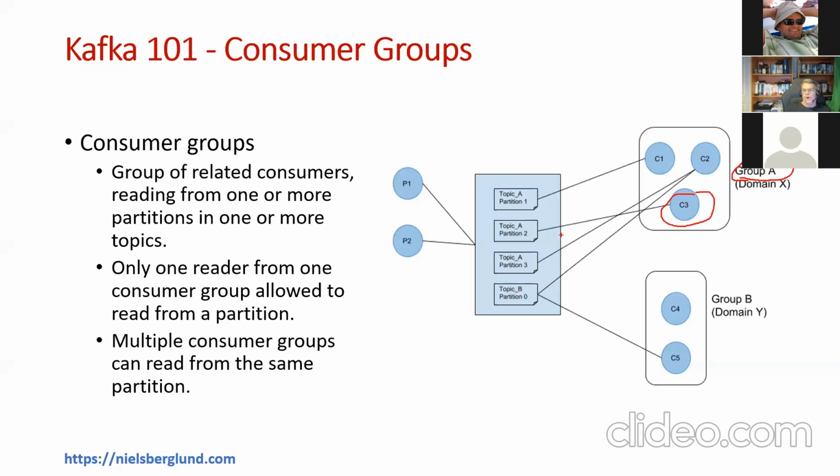C3 reads from partition 2. Right? In consumer group B, C5 reads from topic B, partition 0, and C4 just sits idle because we already have a reader for topic B, partition 0.